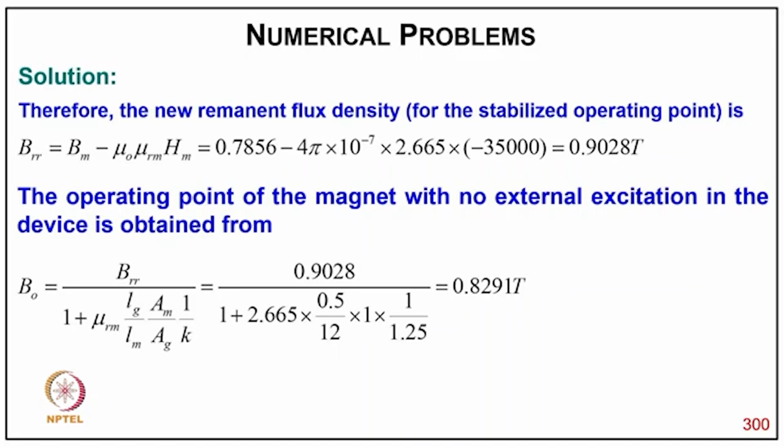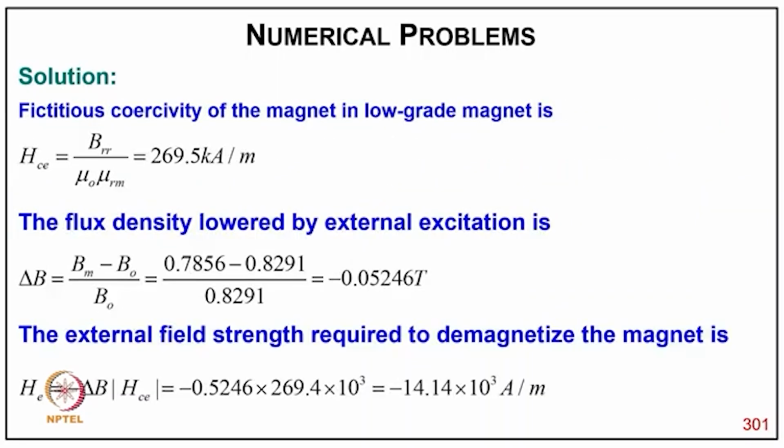The operating point of the magnet with no external excitation in the device is obtained from B0 equal to Brr divided by 1 plus mu Rm Lg upon Lm, Am upon Ag, into 1 upon K, and putting value it comes 0.8291 Tesla.